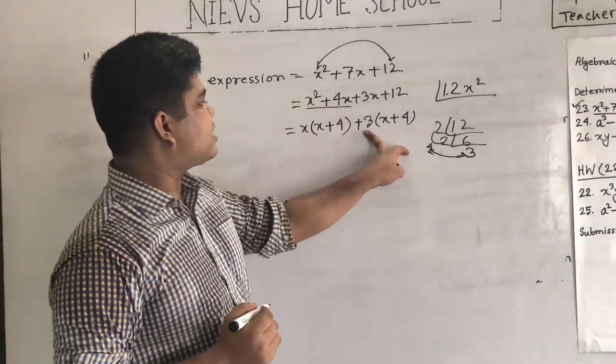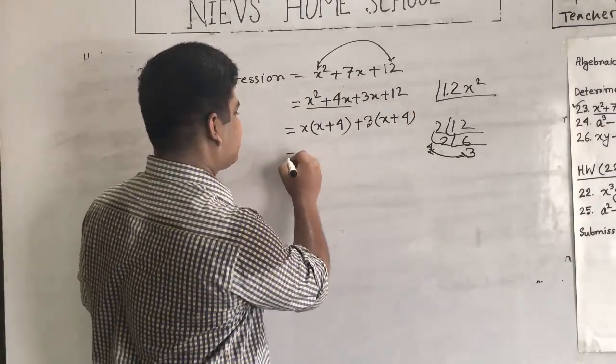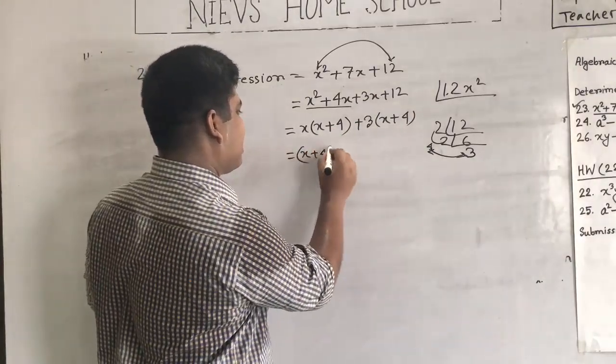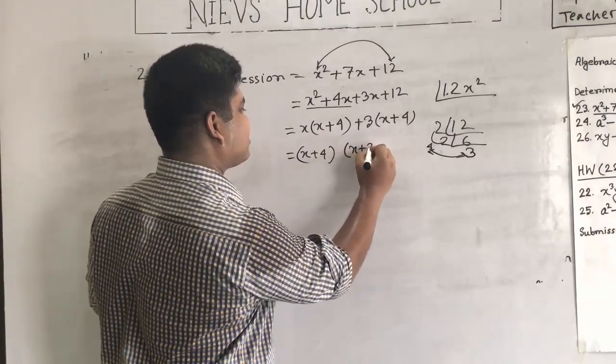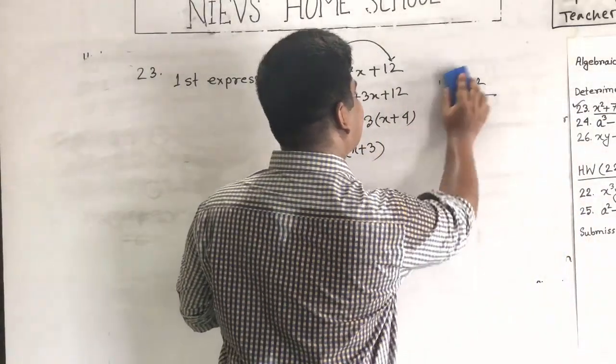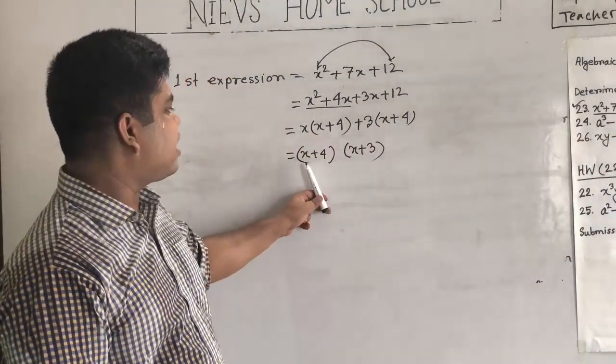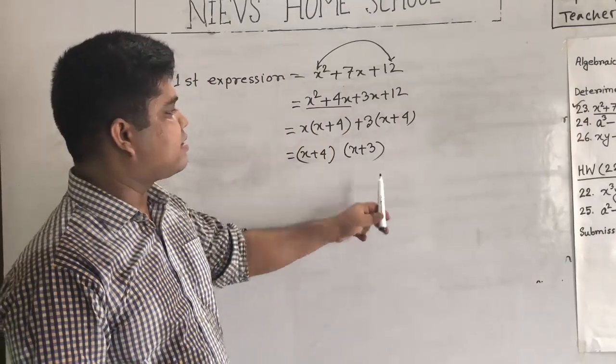And from the whole expression we notice x plus 4 is common in both. So x plus 4 is common and x plus 3 is left. Okay, our first expression is done, which we resolve into factors. The factors are x plus 4 and x plus 3.